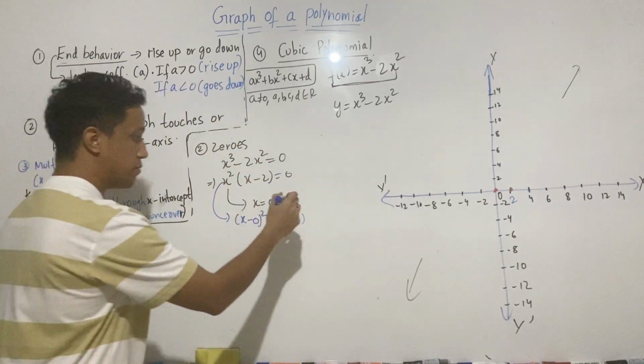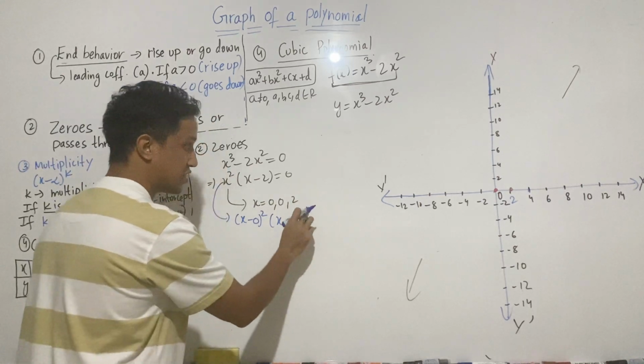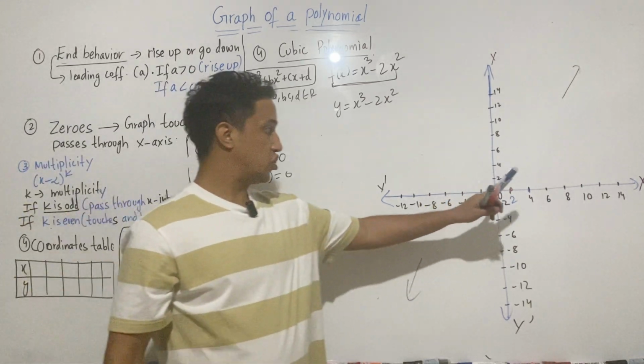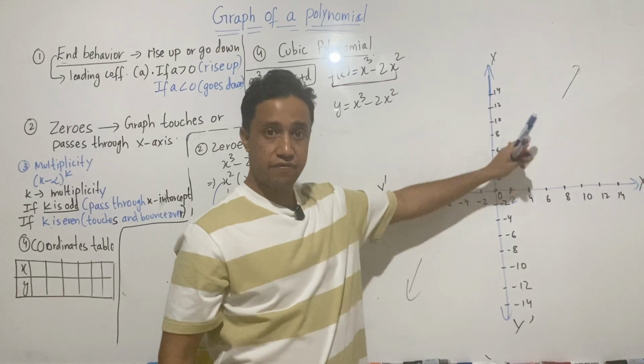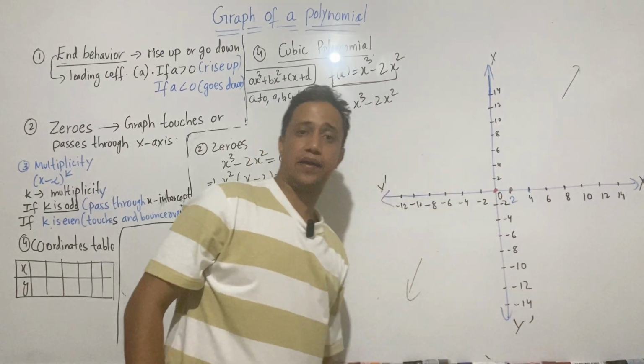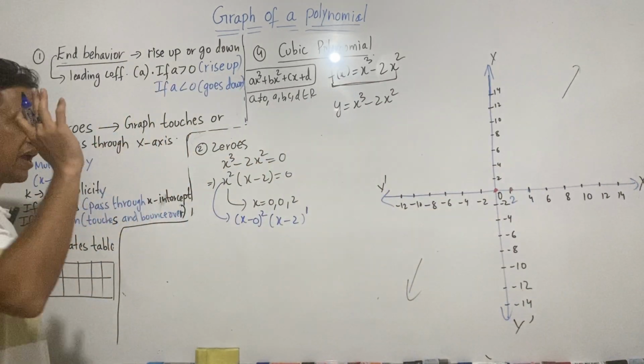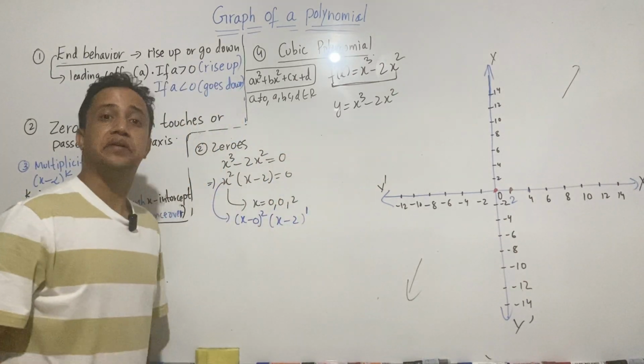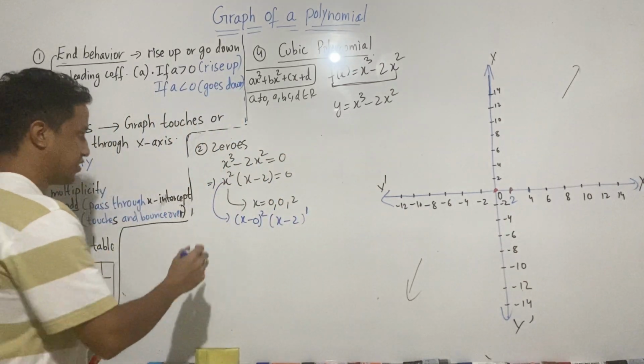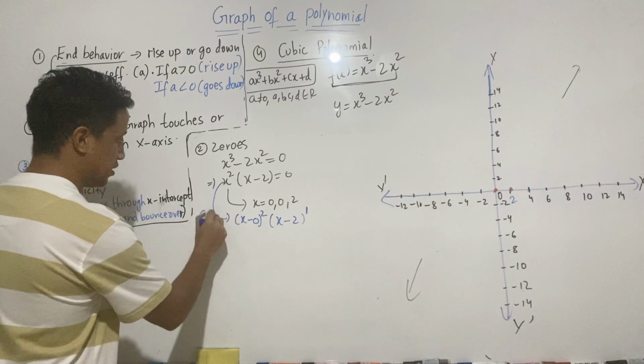And here the multiplicity is odd, which means at x equal to 2, the curve will pass through the x-axis. I hope these points are clear to you. This was step number 3, multiplicity.